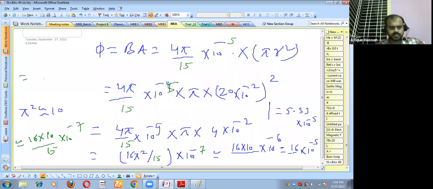So we'll get it as 16 by 15 into 10 to the power minus 6, so approximately 1.06 something into 10 to the power minus 6.